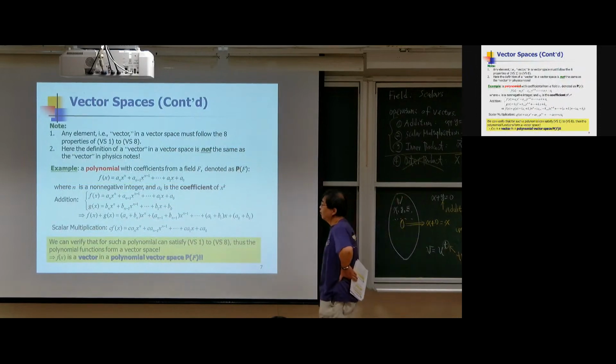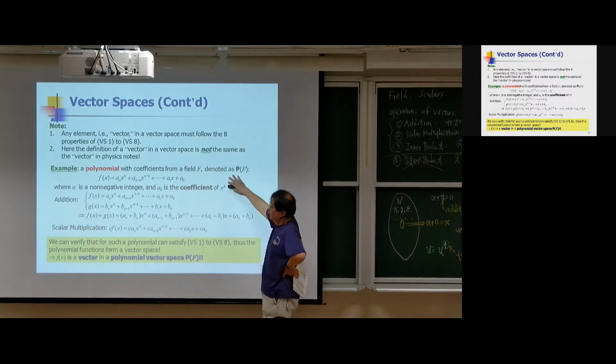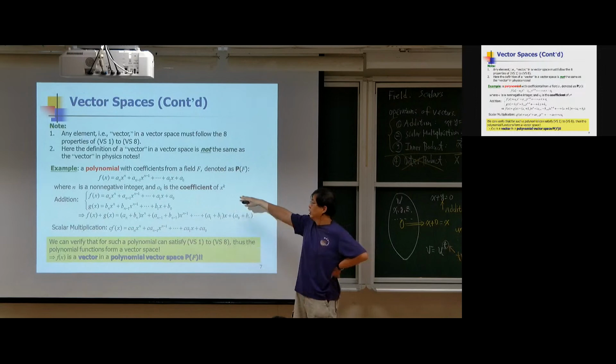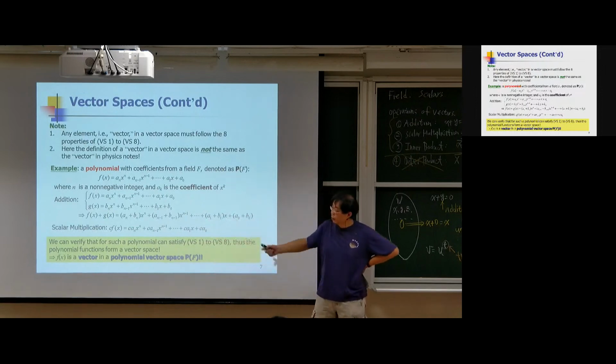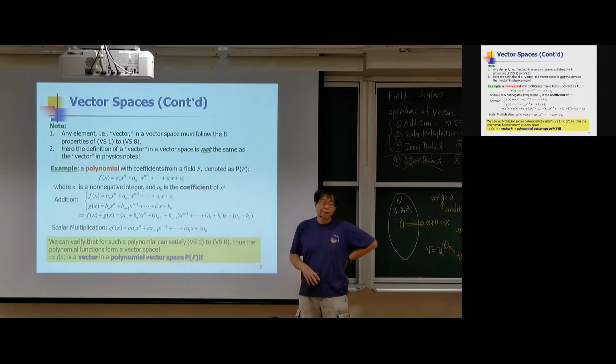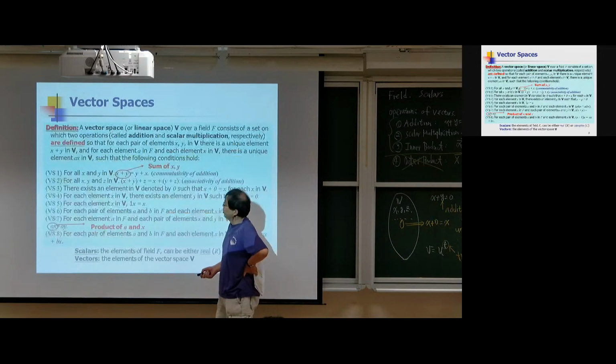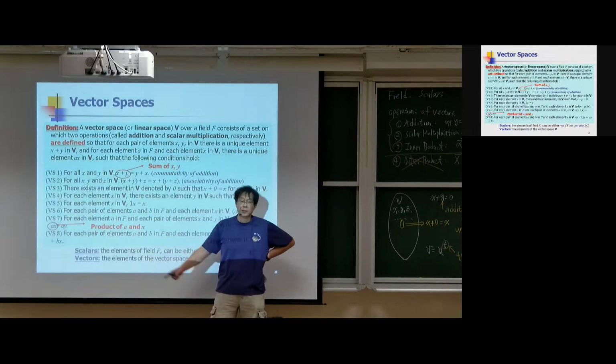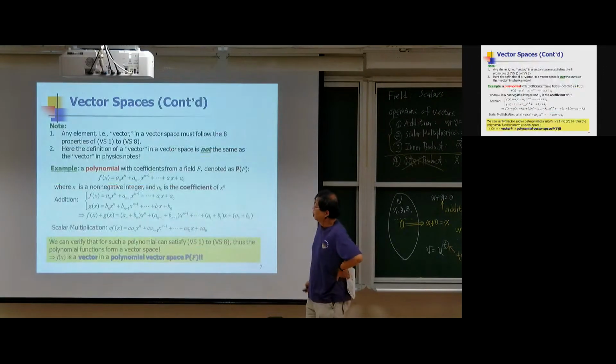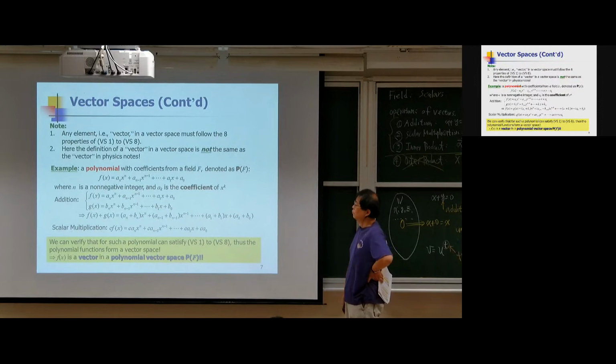For example, in mathematics a polynomial is just a polynomial, an n-degree polynomial, but is it a vector? If you verify VS1 to VS8, you can see that it is.